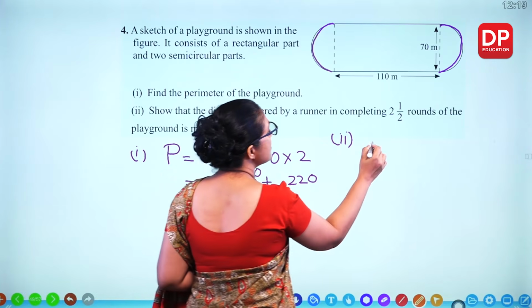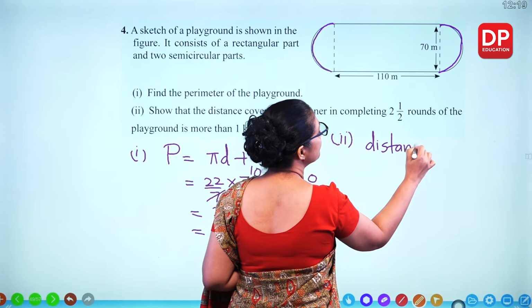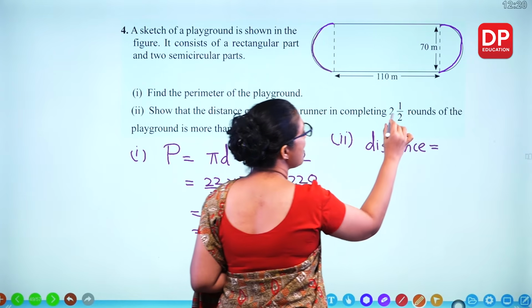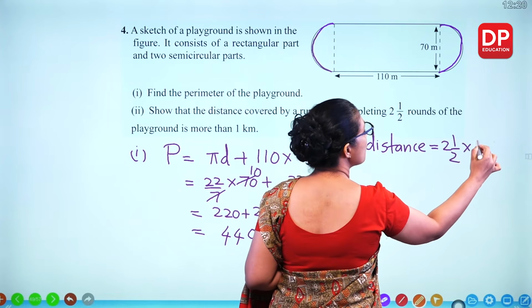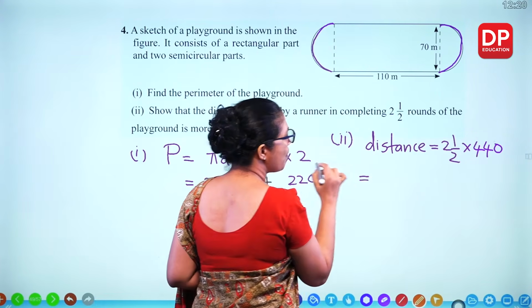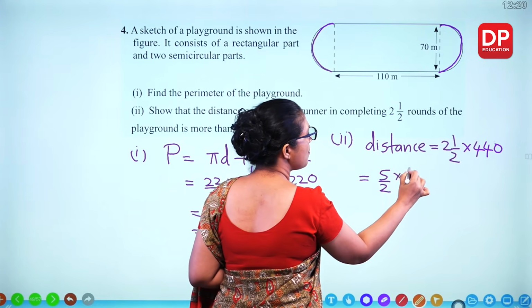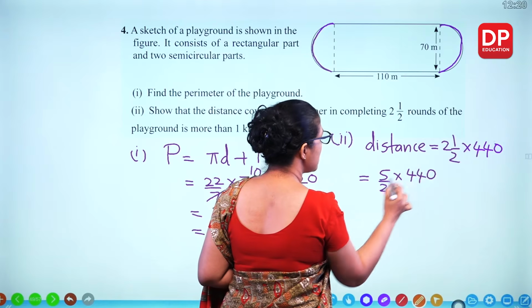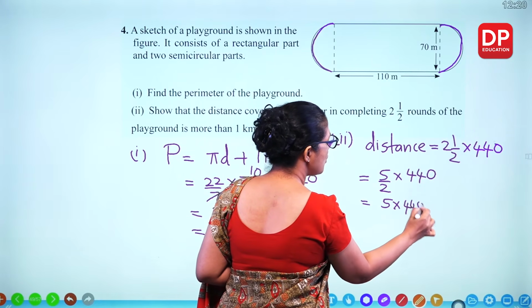So, what's the distance for 2.5 rounds? 2.5 multiplied by 440. Convert to an improper fraction, you get 5 over 2. Multiplied by 440. So, 5 times 440 divided by 2.